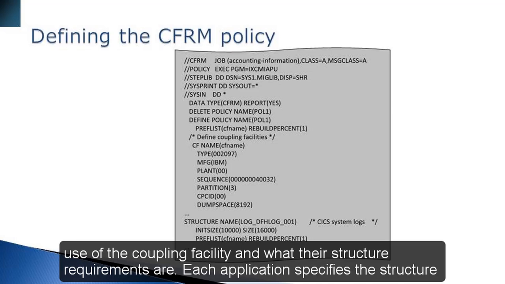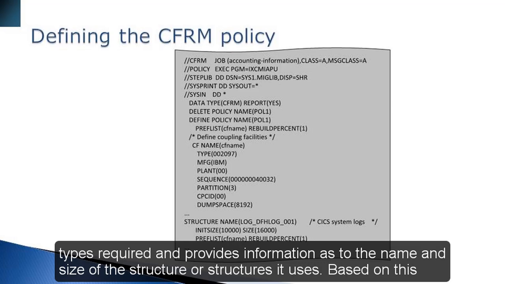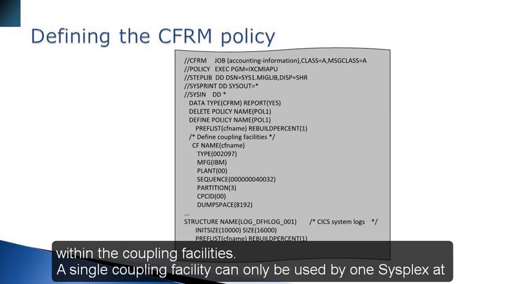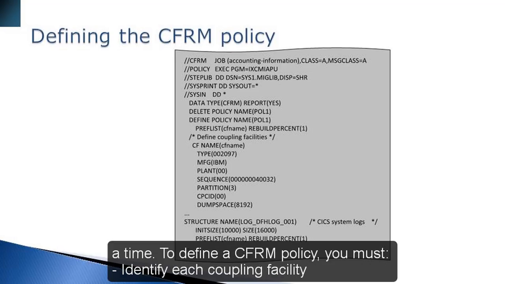Each application specifies the structure types required and provides information as to the name and size of the structure or structures it uses. Based on this input, you must determine an appropriate number of coupling facilities and how best to distribute the structures within the coupling facilities. A single coupling facility can only be used by one Sysplex at a time.